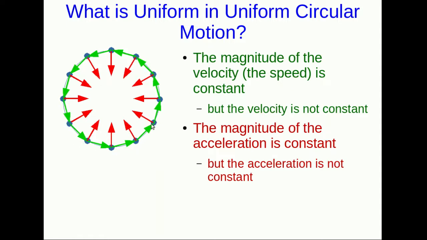The velocity vector is changing, even though the speed is constant. And remember, changing the direction of the velocity vector is accelerating. So we have an acceleration, and its magnitude is also constant. But the acceleration vector is not constant because it's changing direction too. So in uniform circular motion, the magnitudes of the velocity and the acceleration are constant, but the velocity and acceleration vectors are not.